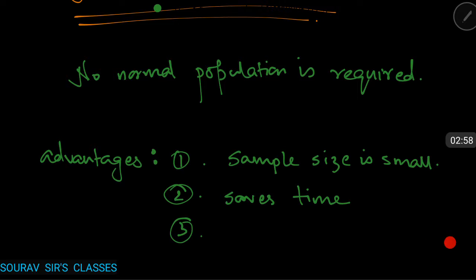They do not require the assumption that a population is distributed in the shape of a normal curve or another specific shape. No assumption that a population is distributed in the shape of normal curve or any shape.